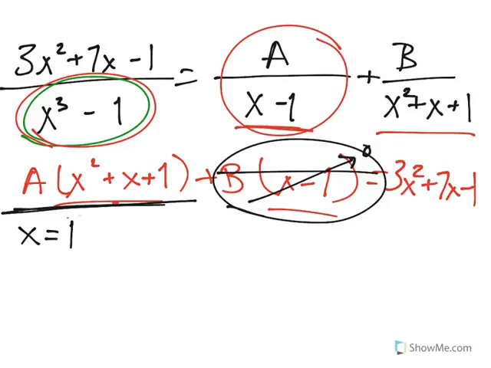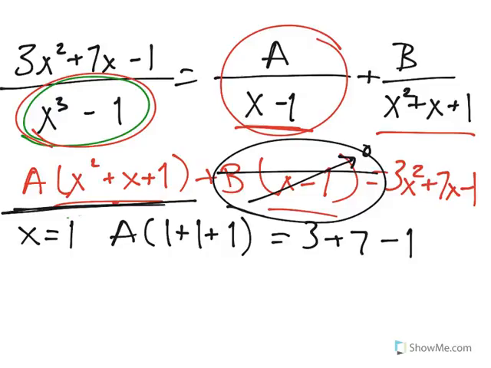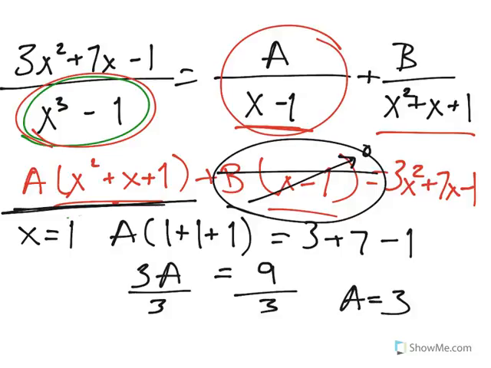We don't care about this term anymore. And so A times 1 plus 1 plus 1 is equal to 3 plus 7 minus 1. So we have 3A is equal to 9. We divide both sides by 3 and we get that A is equal to 3.